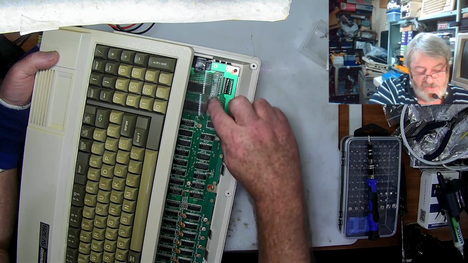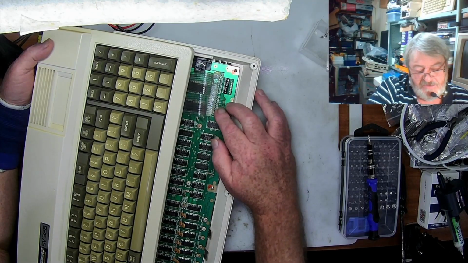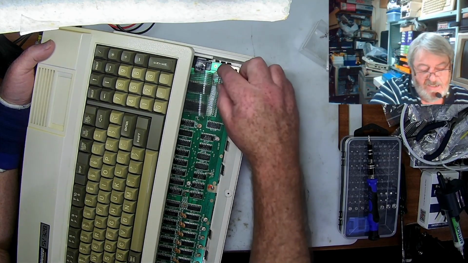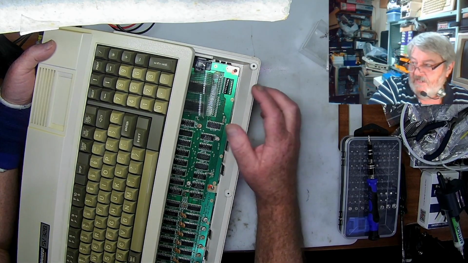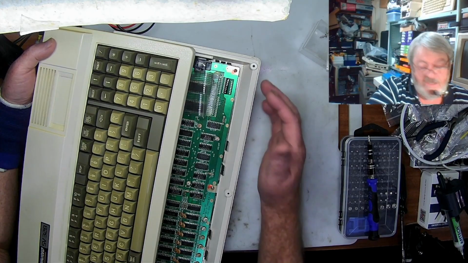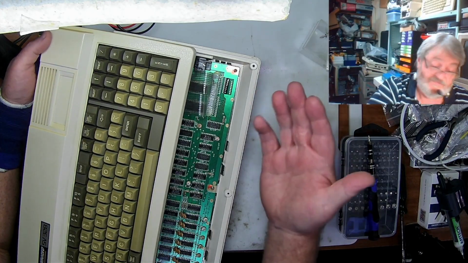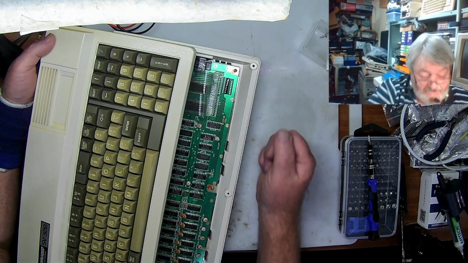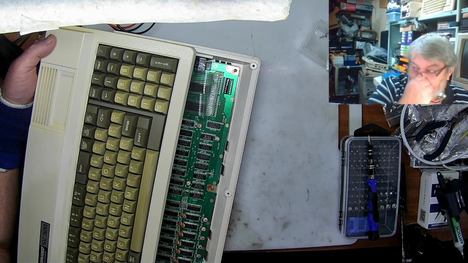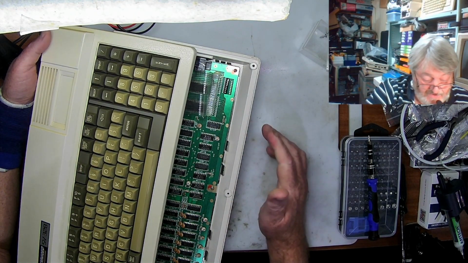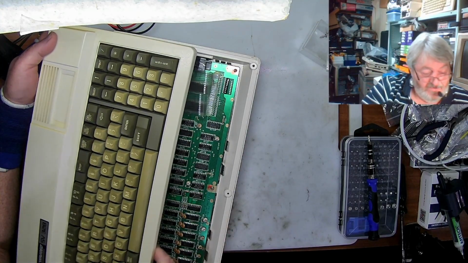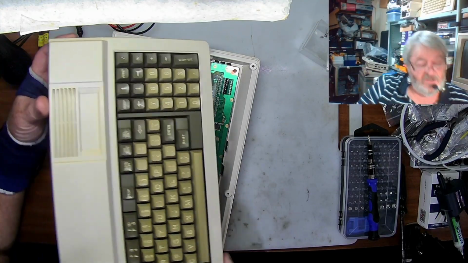Now these are all soldered into one side, so this makes me think, did they have an idea of putting down a set of header connectors to make a removable keyboard? Who knows? But anyway, that is a discussion for another day.